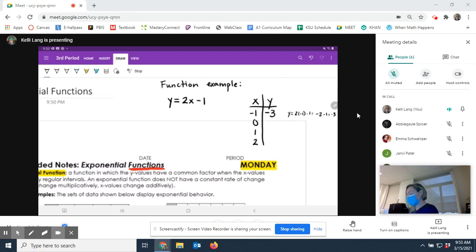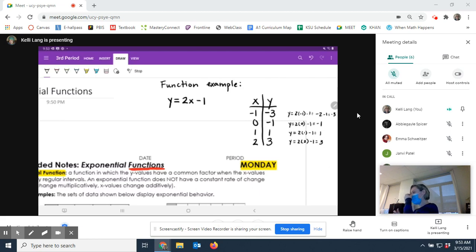We could just do that straight down the list. If I wanted to put in 0 for x, then we'd have 2 times 0 minus 1, which is -1. So our y value would be -1. We could do it again. We could put in 1 for x. So 2 minus 1 is +1. We could put in 2 for x. We could put in anything we want for x, actually.